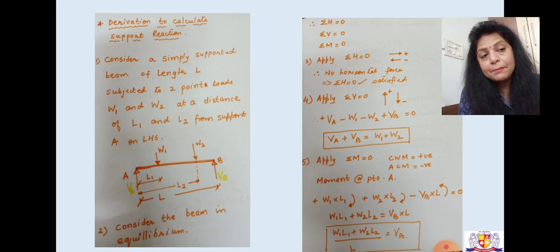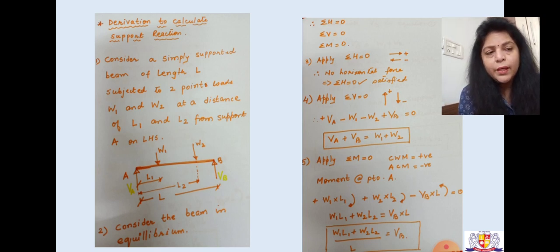Which distance? Perpendicular. If the force is vertical, the distance will be horizontal. If the force is horizontal, the distance will be vertical. That is one point. Second point, how much distance? The distance between the line of action of the force and the point at which the moment is calculated.